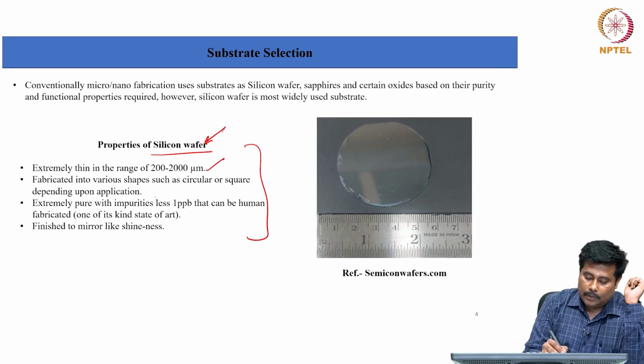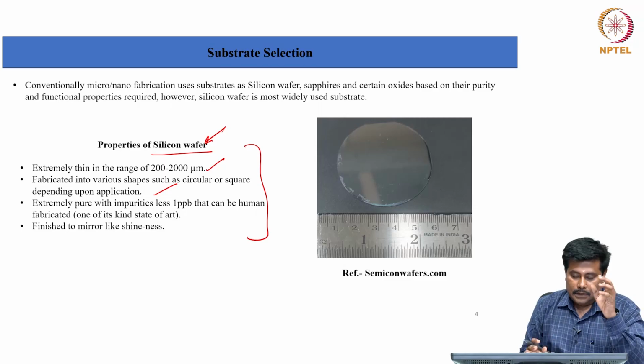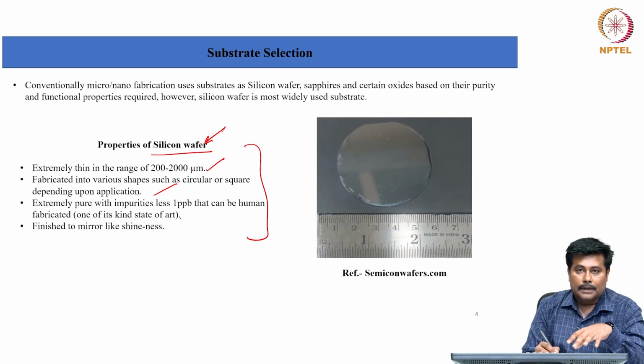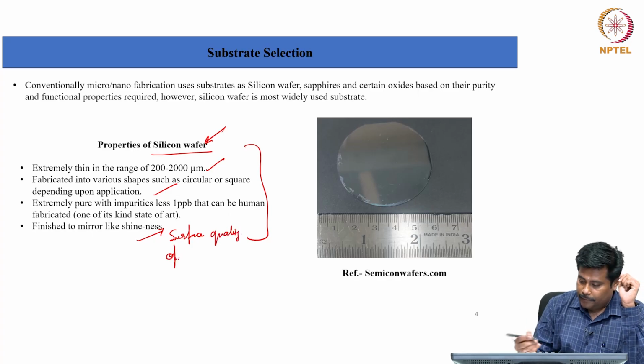It also depends upon the size and shape of the structure for different applications, the purity of the material we are considering, and the overall surface quality of the substrate.